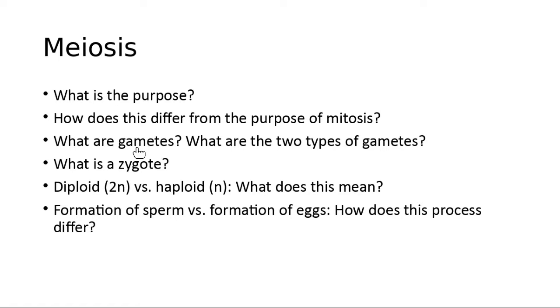Remember that the female generates the eggs and the male generates sperm. So those are the two types of sex cells or gametes. And are gametes haploid or diploid? Haploid. Yes, very good. And what does it mean to be haploid or diploid? What does that mean? Only half of it is present.